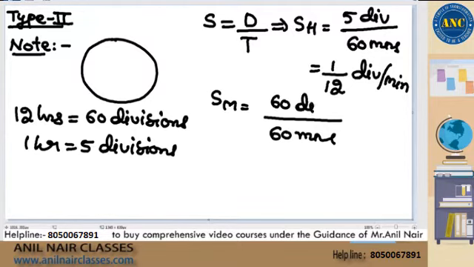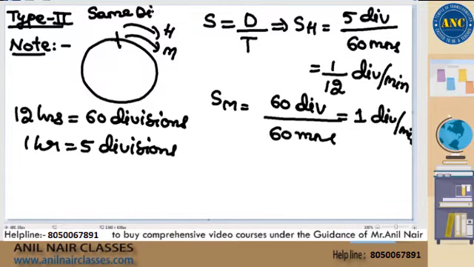So this is 60 divisions per 60 minutes, 1 division per minute. Right? Now if you see here, the hour hand and minute hand are both traveling in the same direction.